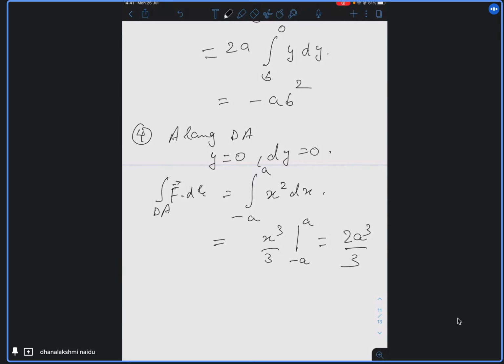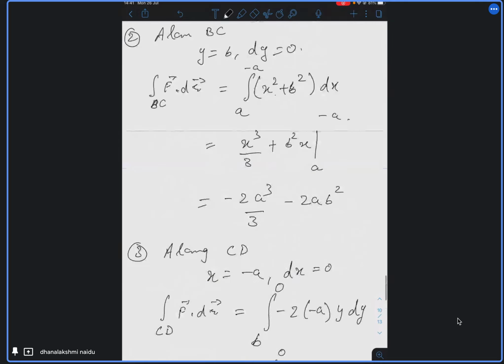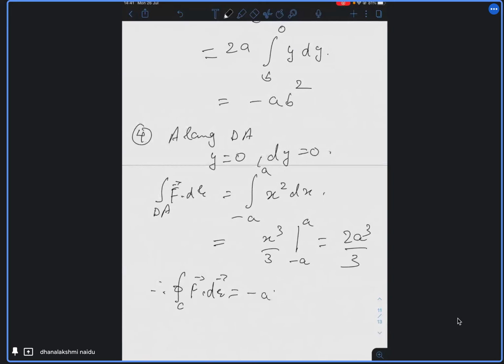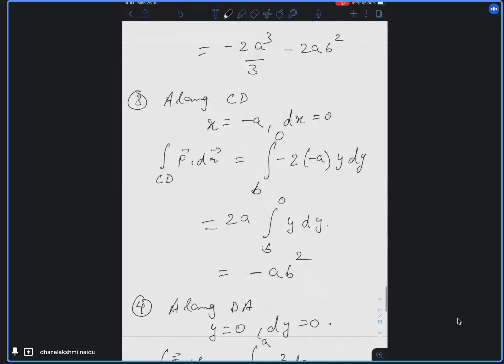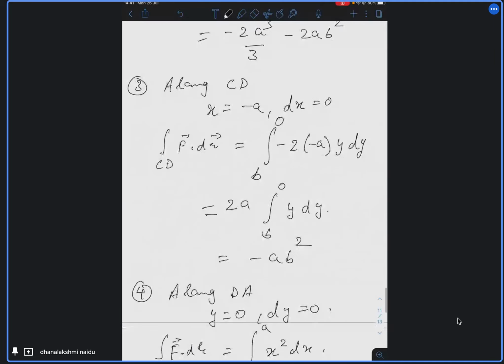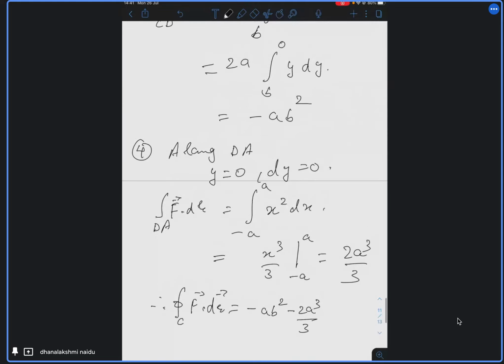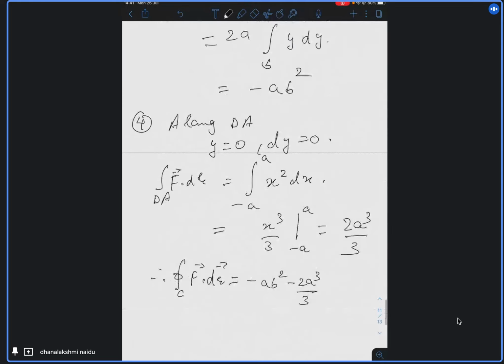So now let us add all of them. Therefore, the line integral of f bar dot dr bar is equal to, add all this. What is the first value you have got? Minus ab square. Second value is quite lengthy one: minus 2a cube by 3 minus 2ab square.